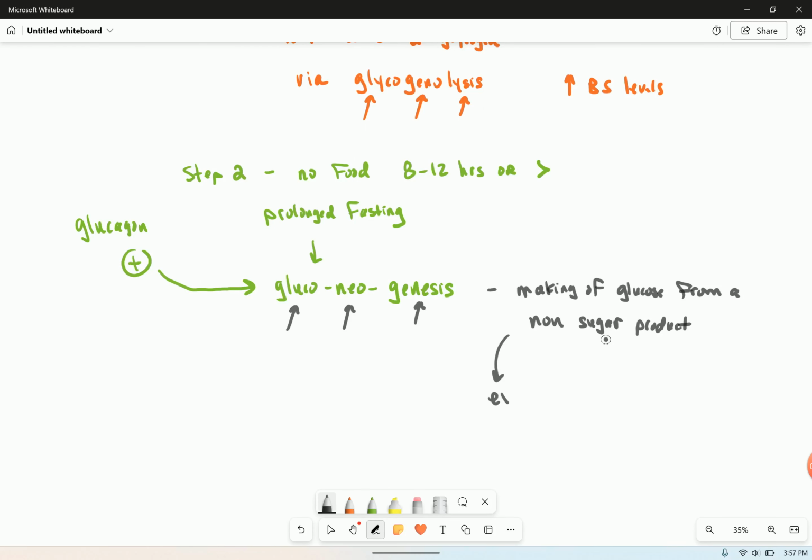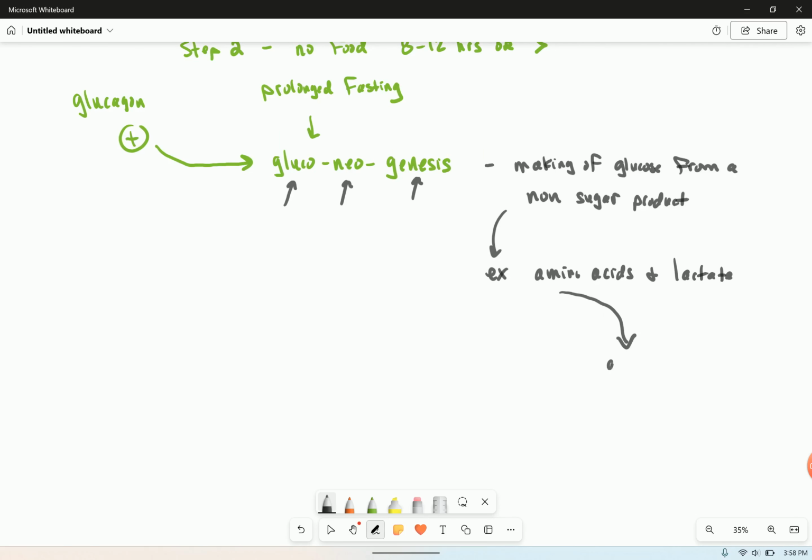An example is amino acids and lactate. The liver can convert these into glucose. And when this happens, you raise blood sugar levels.